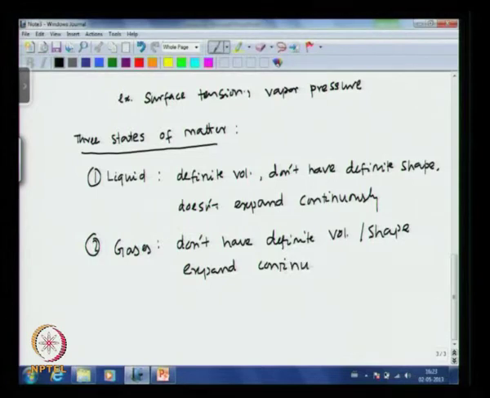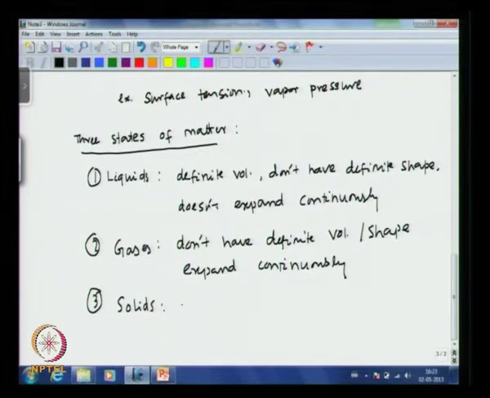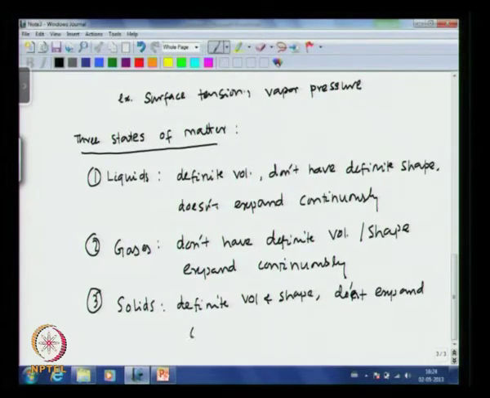And third are the solids, which have definite volume and shape and they do not expand continuously.